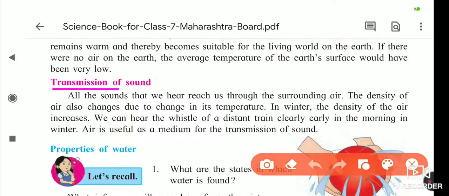Now next is the transmission of sound. All the sound that we hear reaches us through the surrounding air. The density of air changes due to change in temperature. As the temperature changes, its density also changes.